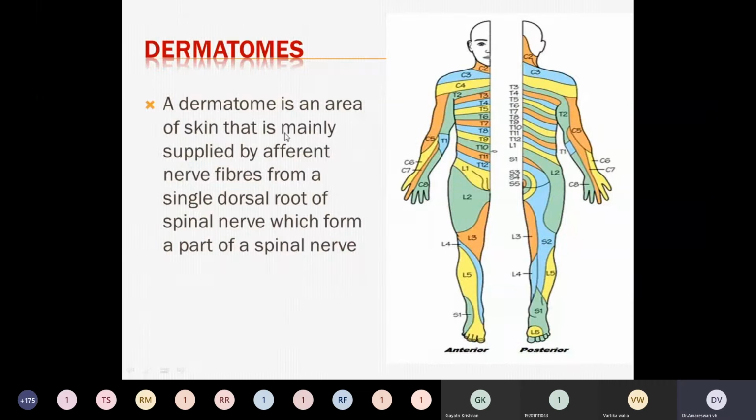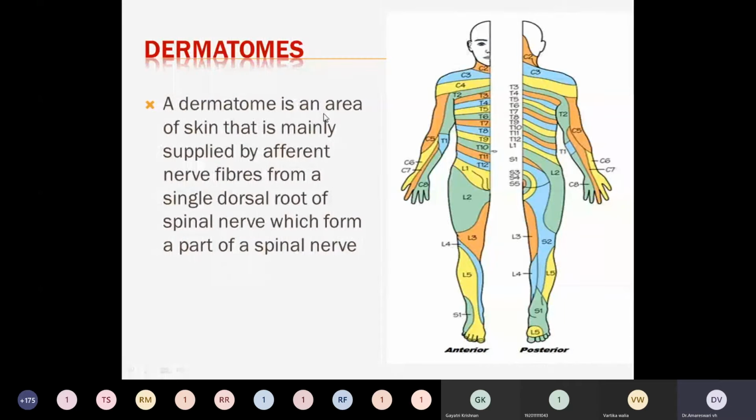So it is very, very important to check according to the dermatomal rule to identify the root of the lesion. We can identify the exact lesion by comparing with the dermatomes.